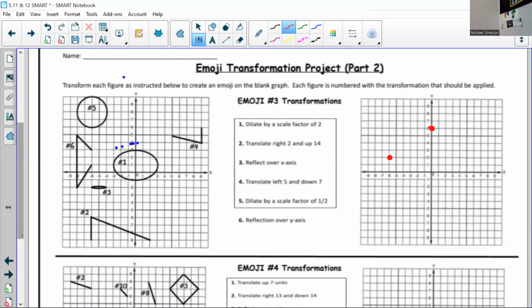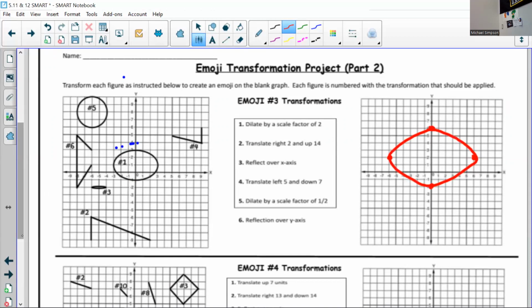Then we have 0, -2, which is right there. And 6, 2, that's right there. It's an elliptical, so it's going to look something like that. Not the best, but you can get the picture.